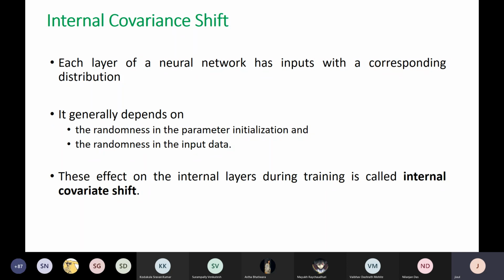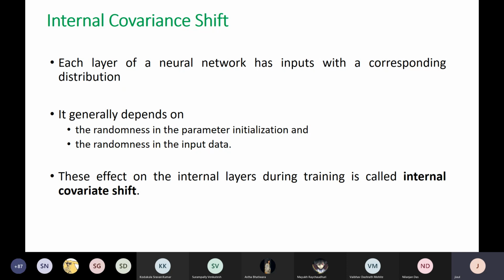Okay, so what it is, as I mentioned, is that each layer of a network has inputs with a corresponding distribution. When you are taking values from one layer to another layer, the values given by one layer, I am calling input values. They have a particular distribution. Now it depends on two things.